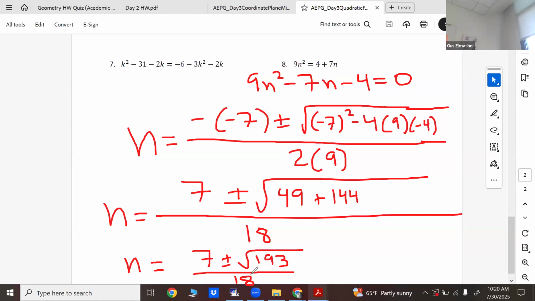Okay. Do 7 and 18 share factors? No, and 193 is such a weird number, actually, I think it's a prime number. First of all, it's not even, so it's not gonna be divisible by 2 or 4 or anything like that. Do you guys know how to tell if a number is a multiple of 3? There's a rule. What do these digits add up to? 193.